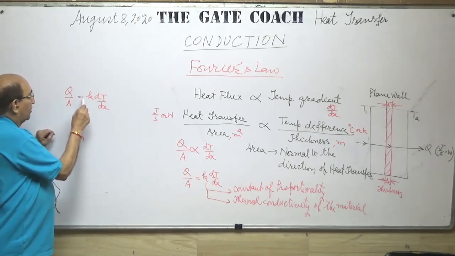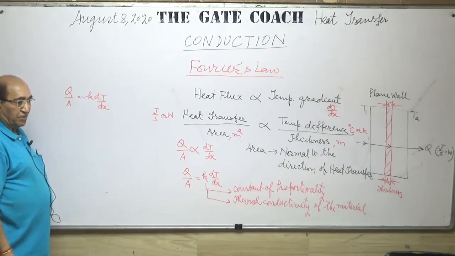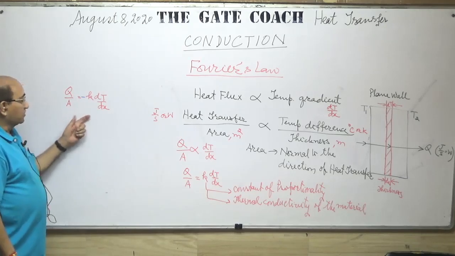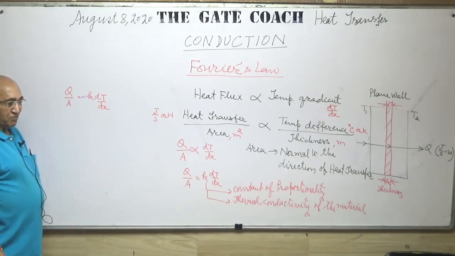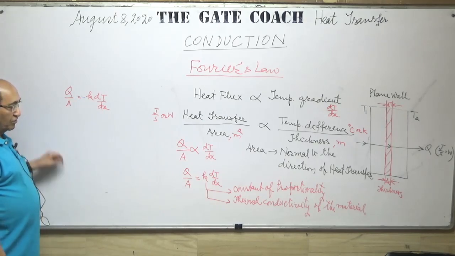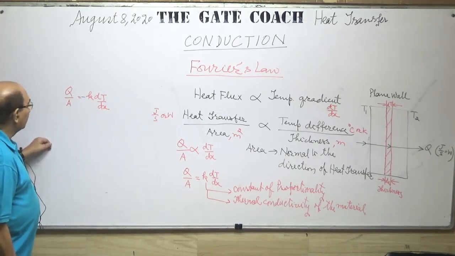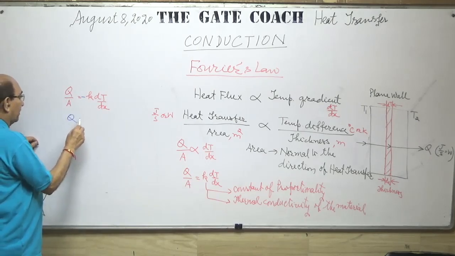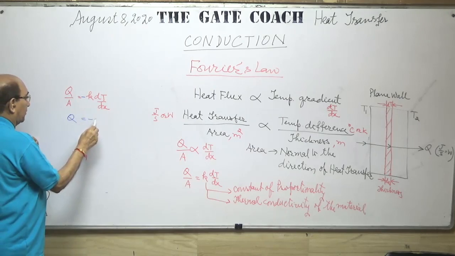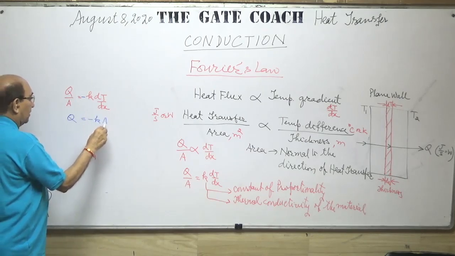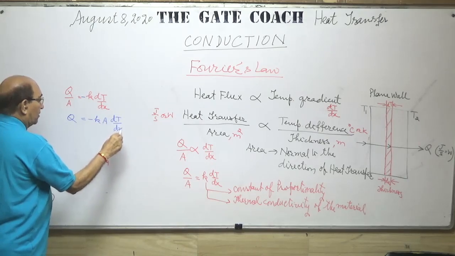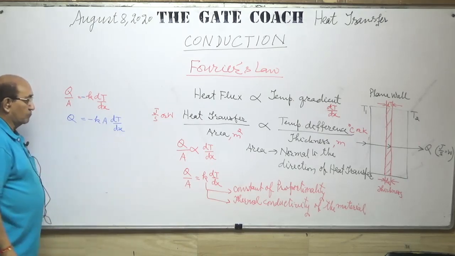So, a negative sign shall be used. So to say, to satisfy the second law of thermodynamics, heat transfer from higher region to lower region. Thus, very frequently we'll be writing Q is equal to minus K A dT by dx.